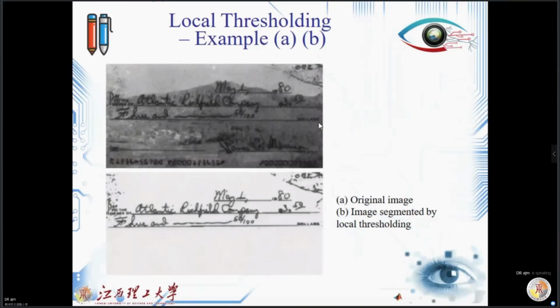Now you will see that the background is removed, something like a bank check. The handwriting becomes clear, so you have a more informative image based on your target, and you can see how effective local thresholding is.